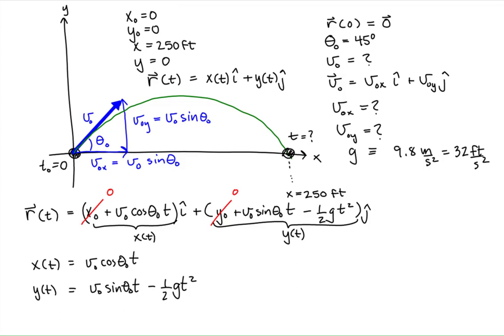Let's now look at the velocity function. Velocity as a function of time, based off of the kinematics equations we derived for free fall, is equal to v naught cosine theta naught for the x component, because since the acceleration is only vertical, there is no x component of acceleration, which means the x component of velocity is a constant, plus v naught sine theta naught minus g t for the y component of velocity.